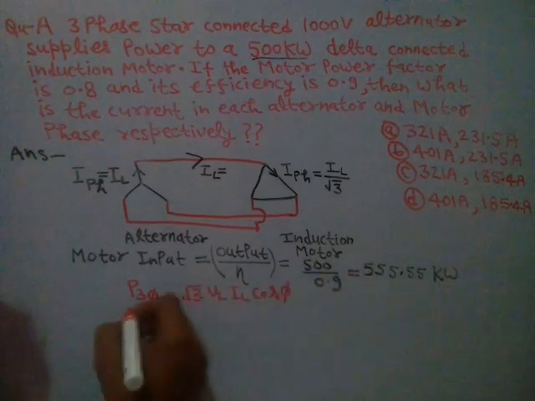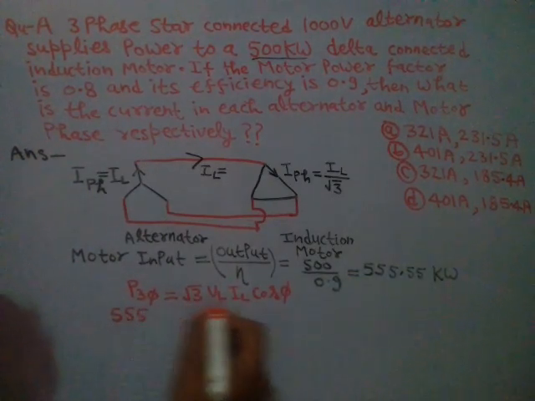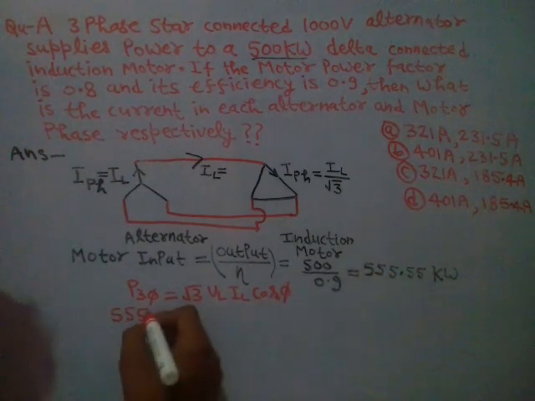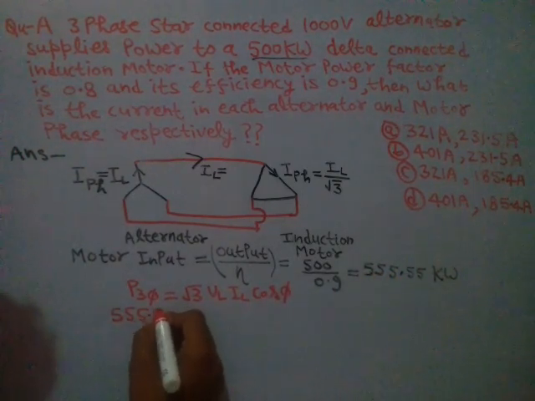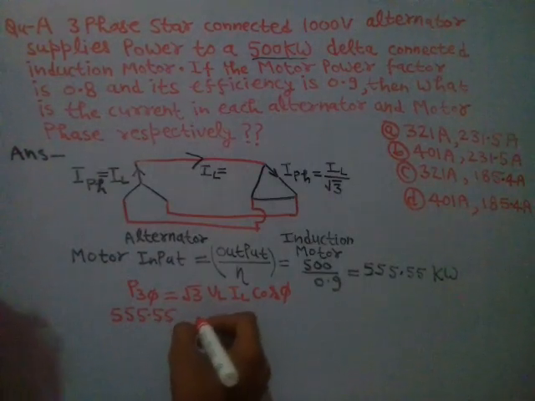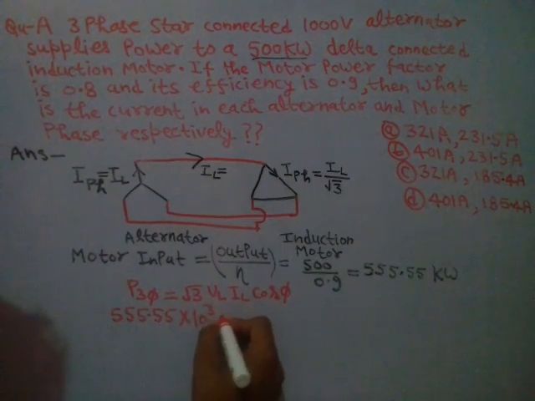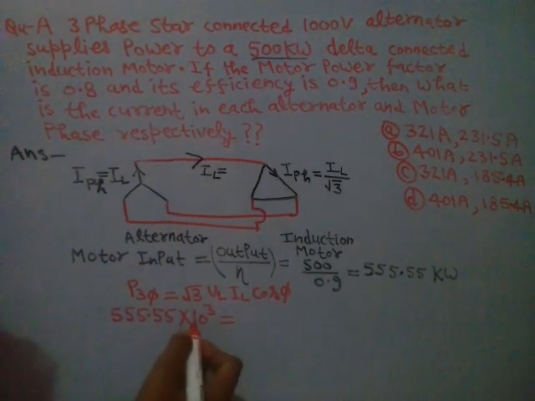So here just put the values. The power input that we have just calculated is 555.55 kilowatts. Kilowatt means 10 to the power 3 watts, so multiply by 10 to the power 3 to convert into watts.